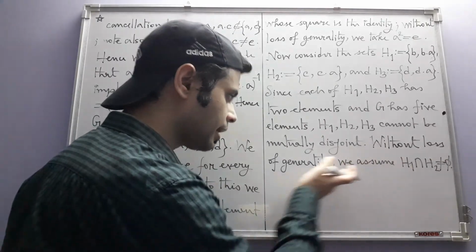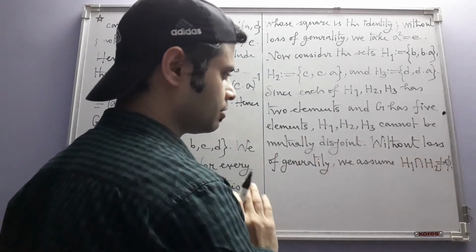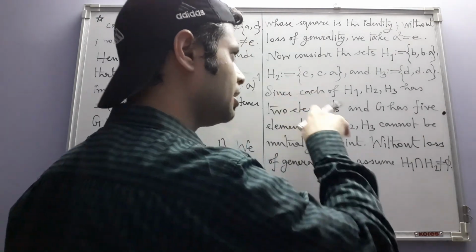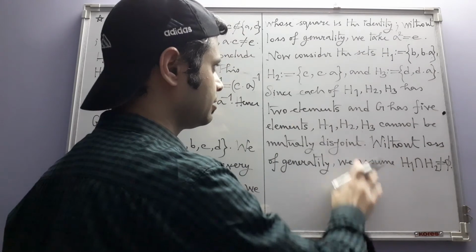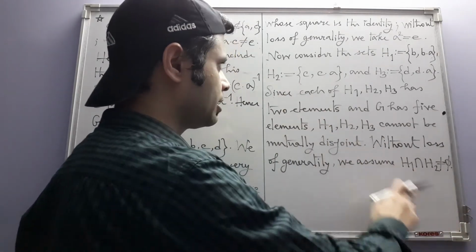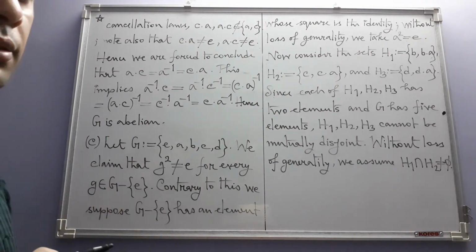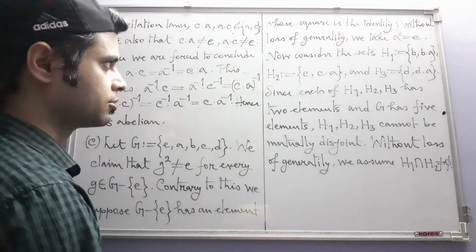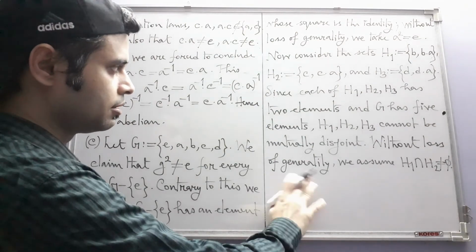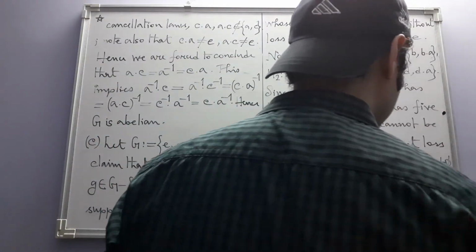So we can assume without loss of generality that H1 and H2 are not disjoint. What this really means is that if instead of H1 and H2 you take H2 and H3, nothing essentially will change. You will ultimately get the same or similar set of arguments to the ones that you will get now. Okay, so this we have assumed.